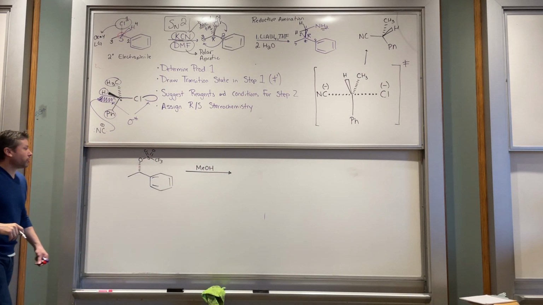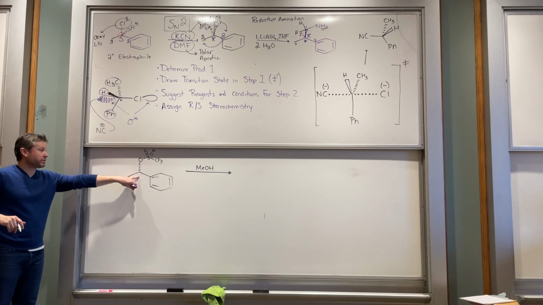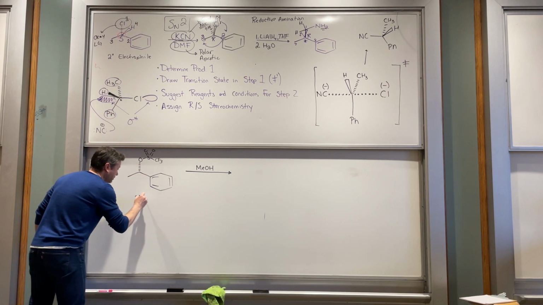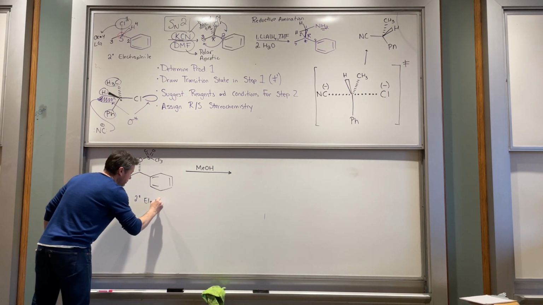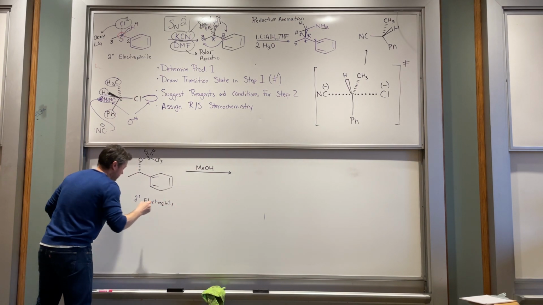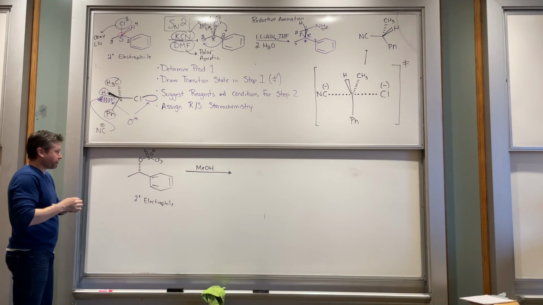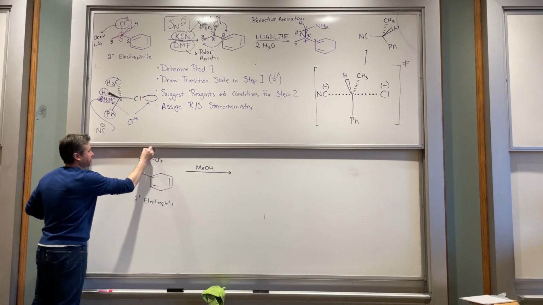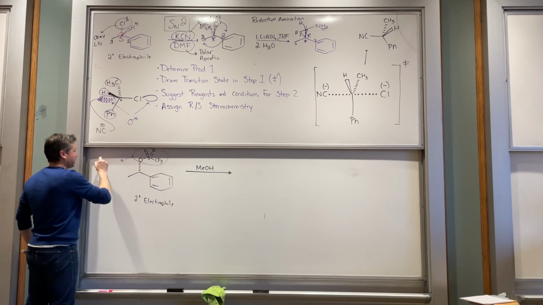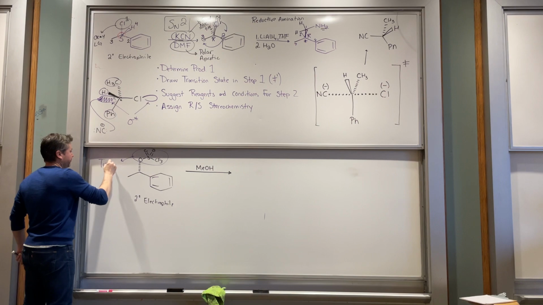Okay, so if we take a similar secondary electrophile, but we're going to change the leaving group. So triflates, this sulfonate group, it's called a triflate.